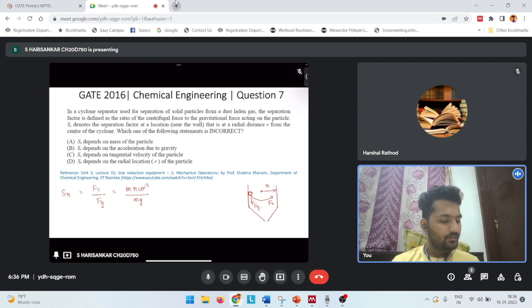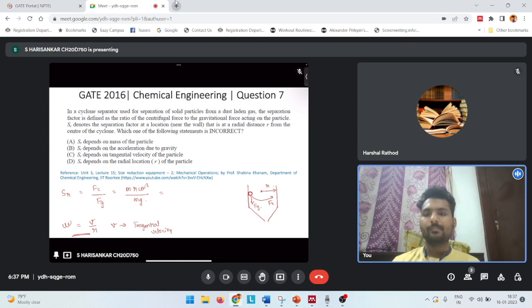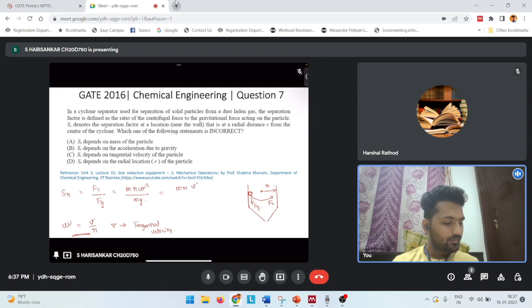Now this can even be simplified by taking omega, which is the angular velocity, equal to v by r, where v is the tangential velocity. So this m r omega square will become m r into v square by r square, the whole by m g.